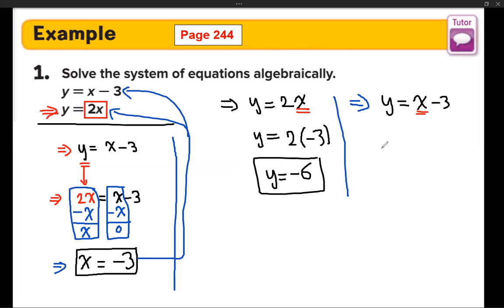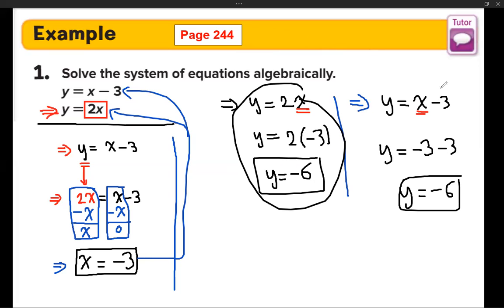So we can substitute that and find y equals, instead of writing x, what should we write? -3, so -3 minus 3. And how much is this? -3 minus 3 is equal to -6. So they are the same value. So you can just do this one here or substitute in the second equation.